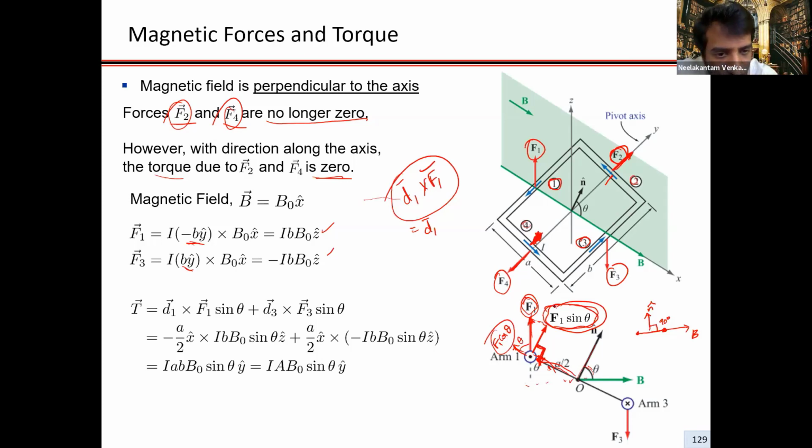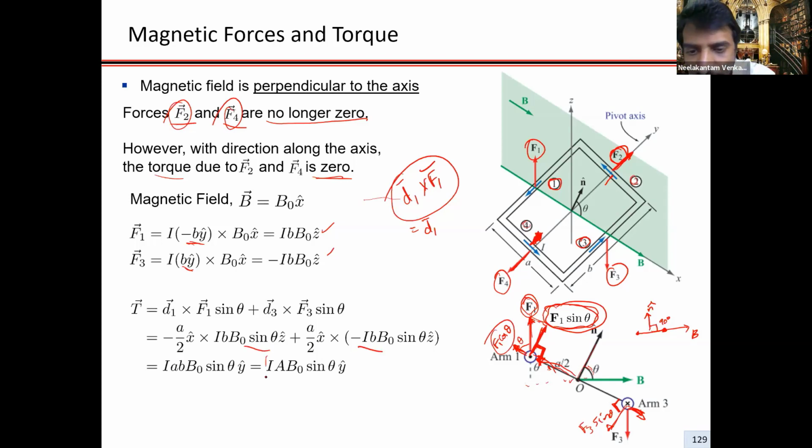So it is F1 sine theta, the component of F1 that is perpendicular, that matters. The other component is only going to stretch the coil, so it doesn't matter. Similarly, my F3 is going to be F3 sine theta here, and that is going to matter because this angle is 90 degrees. I want to consider the 90 degree component, and that becomes sine theta coming in there.